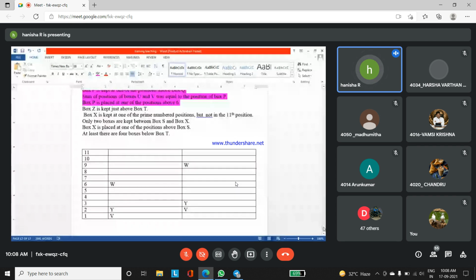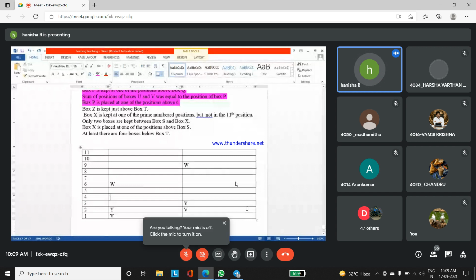So if you need to place U at any position, for example, if I place U over here, the position of U is 4 and the position of V is 1. So 4 plus 1 is 5, so in the fifth position you should have box P. I'm saying this as an example, but you should make sure that U and V are placed in such a way that box P is placed at the position equal to their sum. That is one important thing.